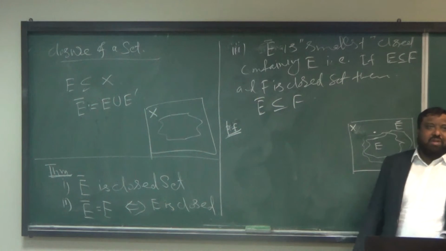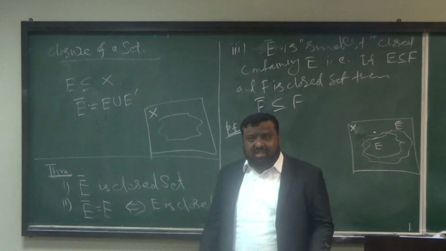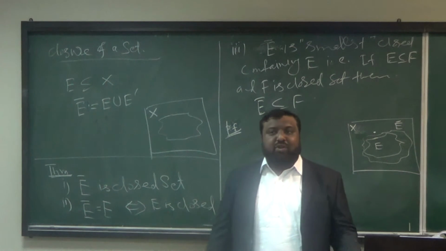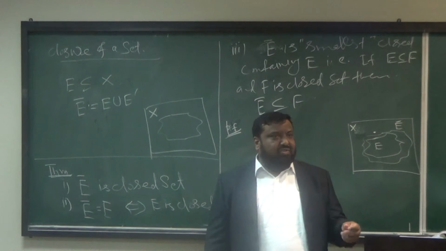It doesn't belong to E prime, but what does that mean? When is a point which is not in E a limit point of E? Just negate that. So what's the definition of being a limit point?